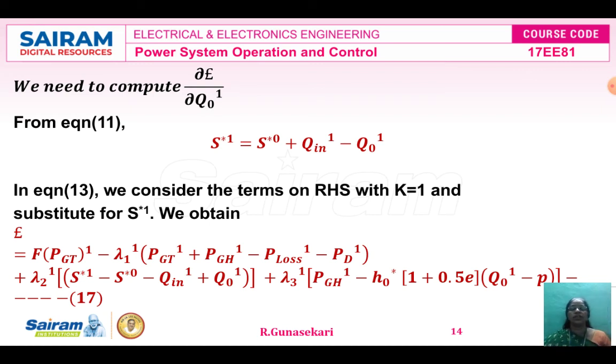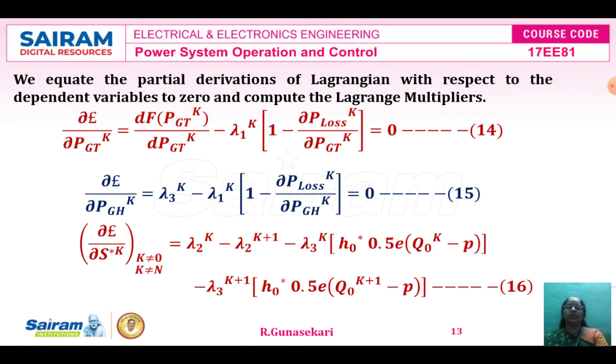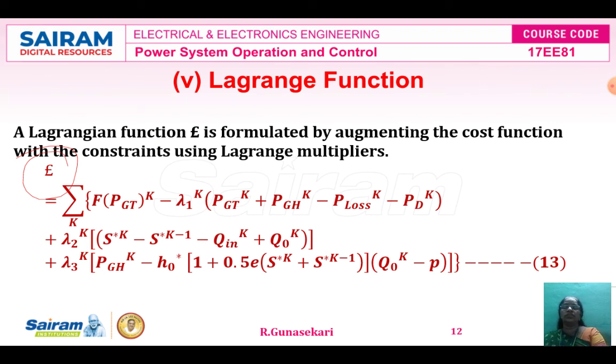In this equation we can consider the right hand side, that means k equal to 1, where the Lagrange function equals f into PGT^1 minus, the equation number 13, which we saw in the previous slide. In equation 13, instead of k we have to substitute 1. That equation only we are getting here.